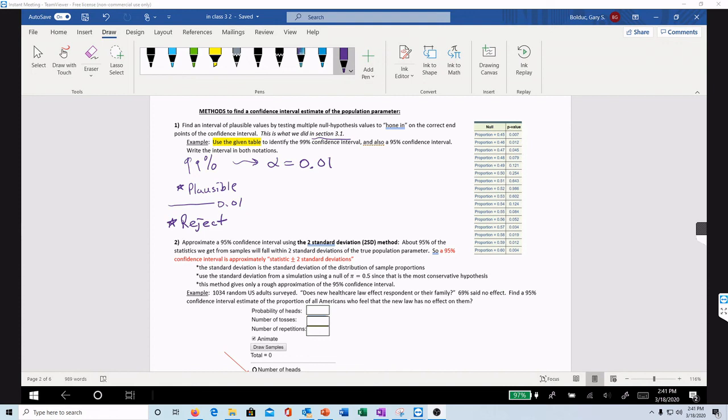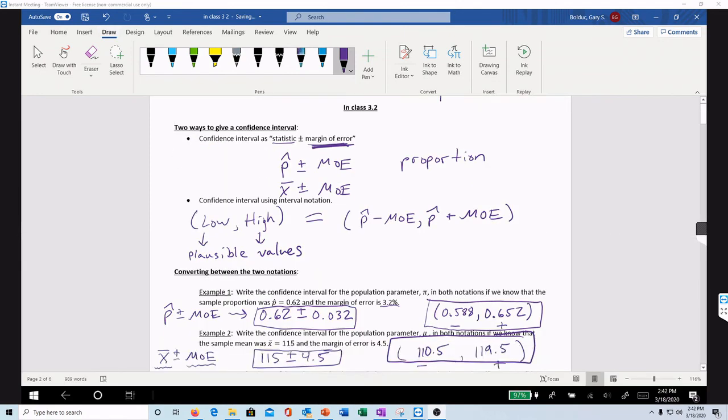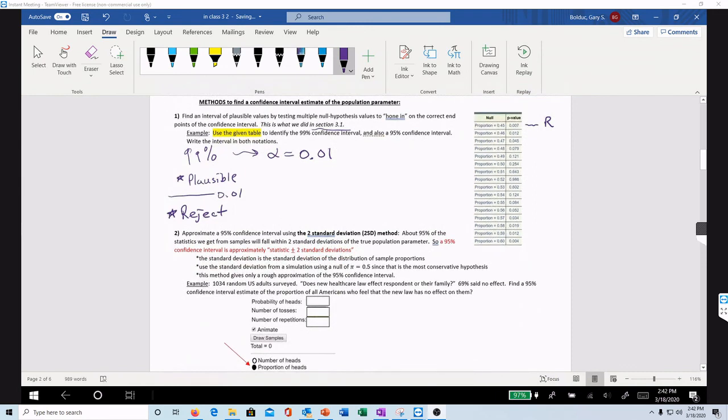So we had just done this together. We go over to the table. I see 0.007. So right here, well, that is less than 0.01, so I reject. 0.012, well, that's bigger than our alpha, so I say plausible. And then I get another plausible, and then all the way down, plausible, plausible. They're all bigger, and eventually I reject again.